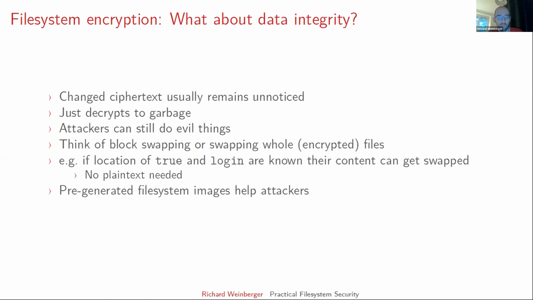So when the attacker knows where the encrypted version of, for example, the true program is located, and knows where the login program is located, then he can actually change the content of the blocks. He doesn't know what's in the blocks, but he knows, okay, this must be the login tool, or this must be the true tool, and then he can swap it. And then when doing login via SSH, the login program is no longer used, but the true program, and the attacker can gain access.